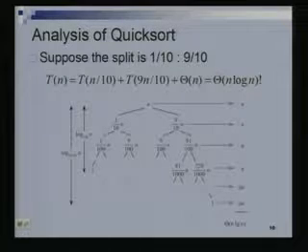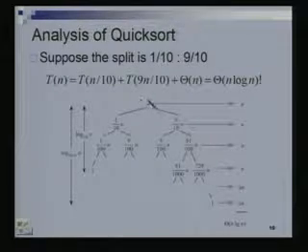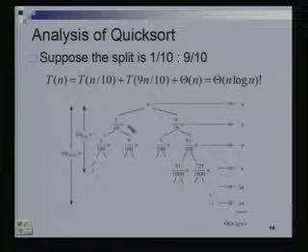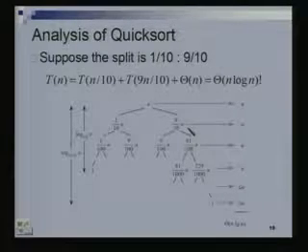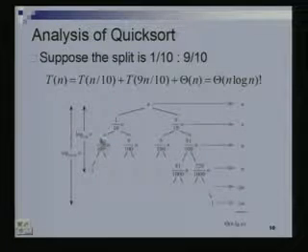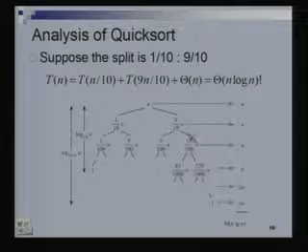So at the root we have n. The largest number at this step will be 9n by 10, because the other number is smaller. Now what will be the largest number at this step? It will be the 9/10 of this guy, which will be the largest one. So that will be 81 by 100 n. The largest at the next step would be the 9/10 of this guy.